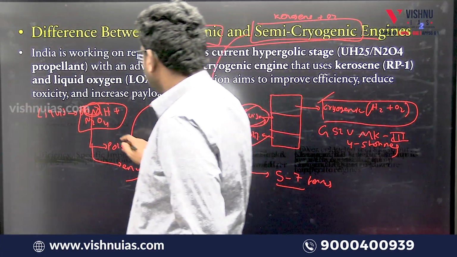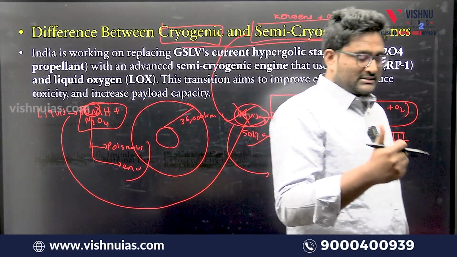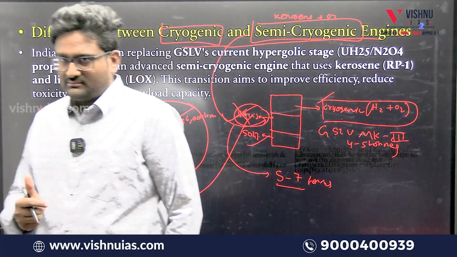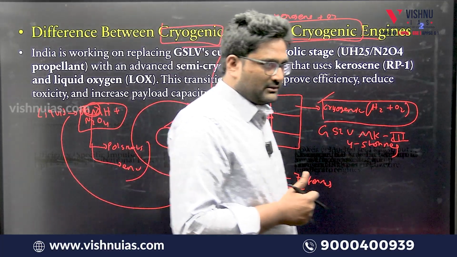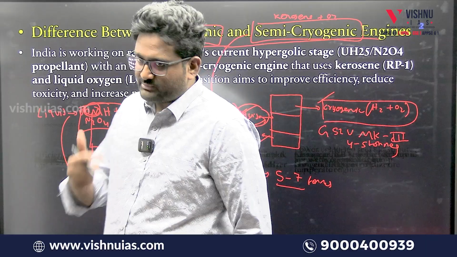And one thing is important, this is costlier than the semi-cryogenic. Three things. This liquid propulsion fuel is costlier than semi-cryogenic, where kerosene is the fuel. It is also poisonous. Third thing, it provides less power.